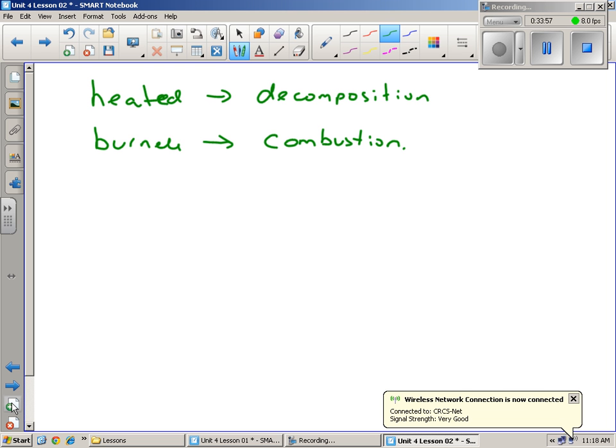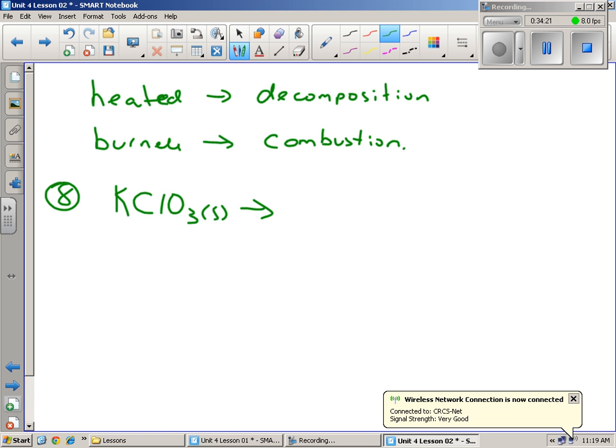Also, if you look at question number 8 right now with me, it's one of the ones you're going to do here. I'm actually going to give you the answer for this one, just because I wanted to show you something. It talks about when heated, potassium chlorate breaks down into what?